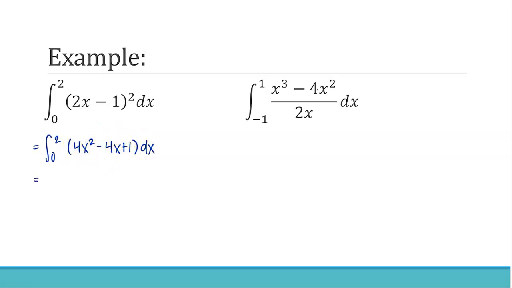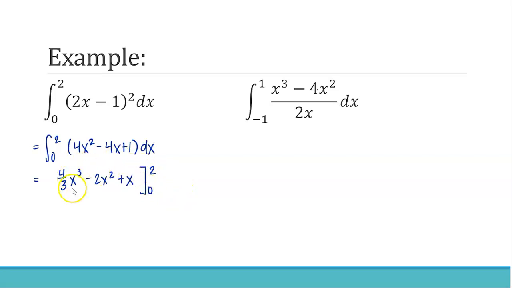So we're going to have 4/3 x to the third minus 2x squared plus x. And since this is a definite integral, we are going to have our limits of integration 0 and 2 here until we substitute them in.